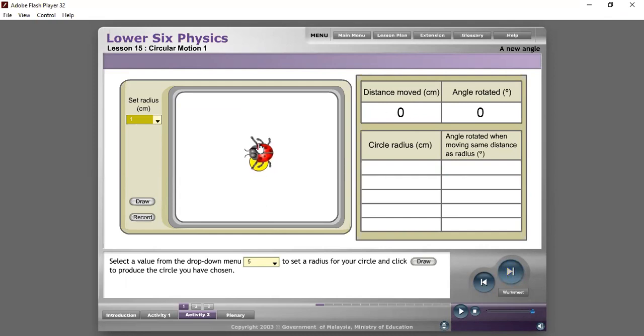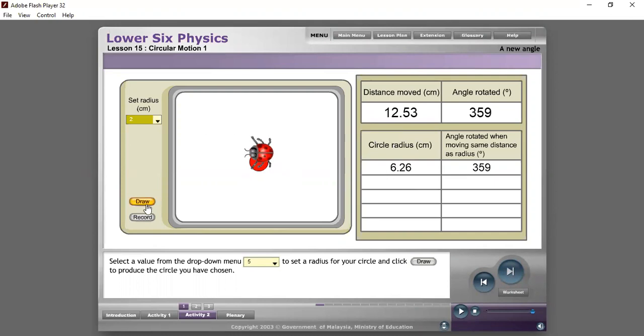Around 360. So if 359 degrees is 6.26 cm, let's say I record that. For 2 cm, I still move with 359.